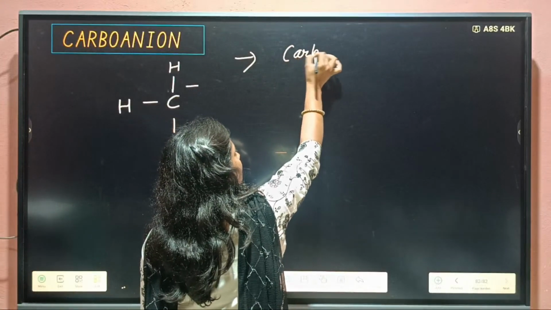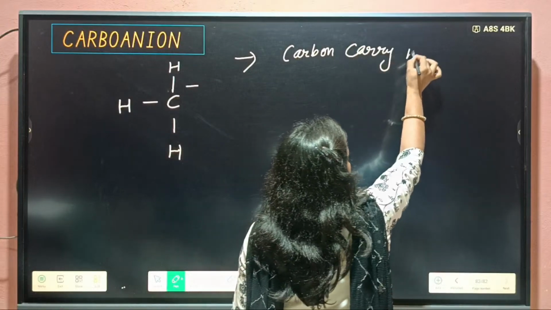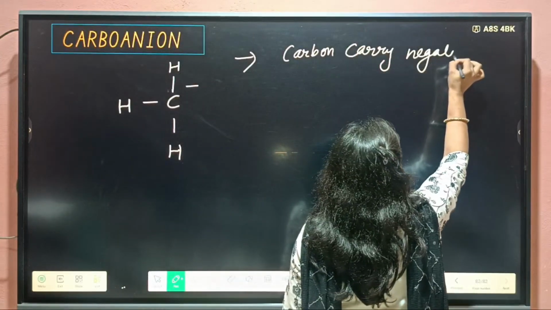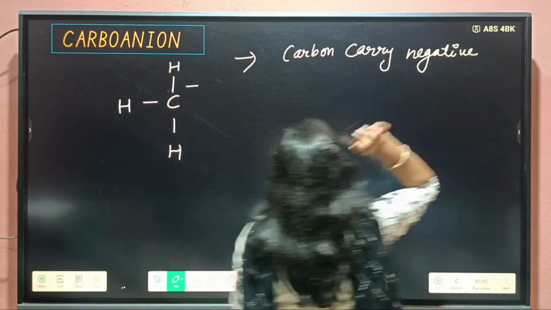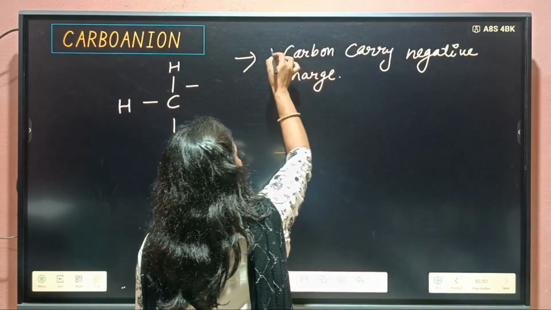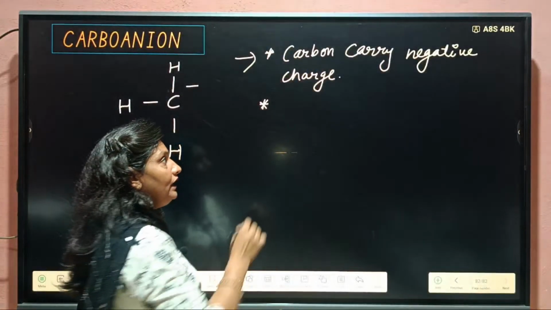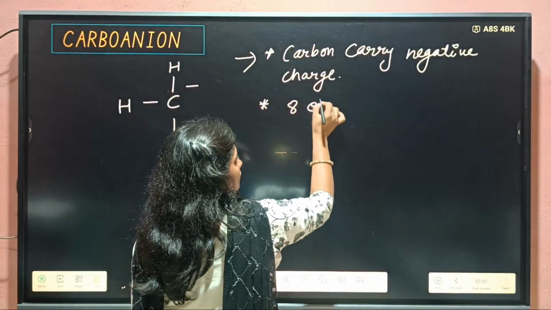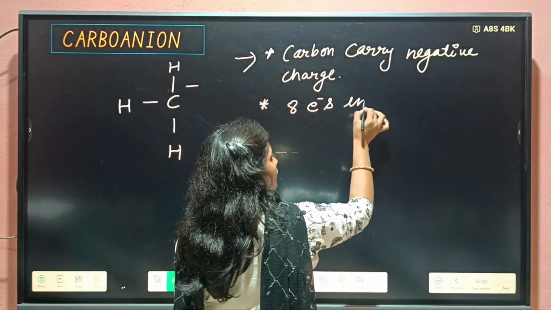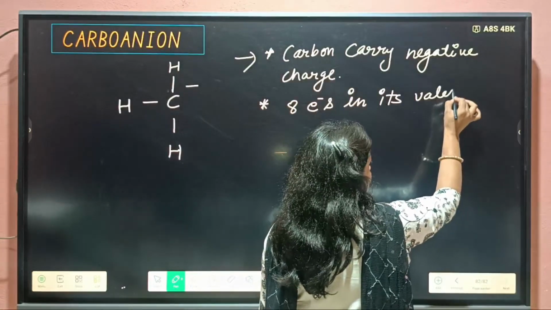Carbon carries negative charge. First point is this. And students, carbon has 8 electrons in its valence shell.